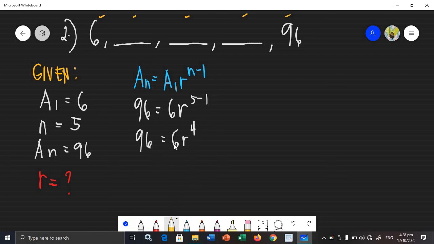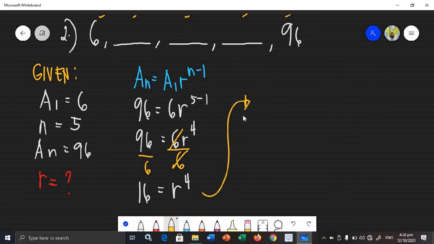Okay? Para makancel si 6 na katabi ni r, kasi kailangan natin i-isolate si r kasi we are looking for the value of r. Kailangan maiwan siyang mag-isa. Divide natin both side by 6 para makancel na si 6 na katabi ni r. Okay? So, 96 divided by 6, that is 16, is equal to r raised to the 4th power.